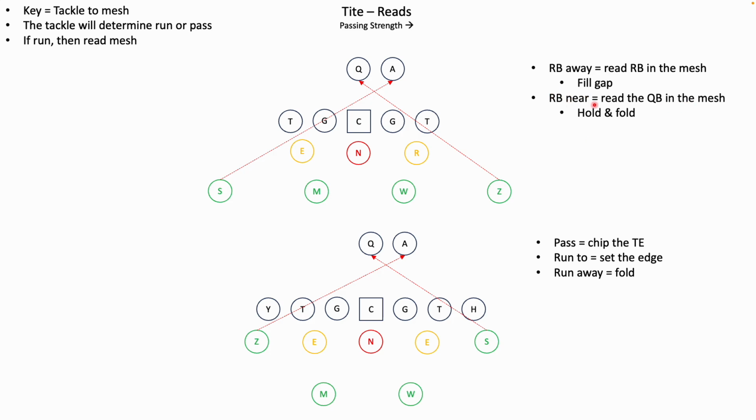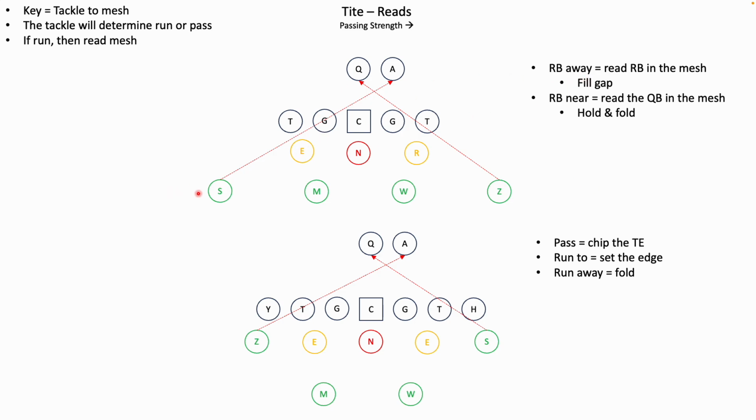If the running back is near and the quarterback pulls it and tries to run, now you can trigger and fill your gap and go make the tackle. If the quarterback pulls it and tries to throw, you just want to read the shoulders and the eyes of the quarterback, and you're in pretty good position to try and make an interception or at least to defend the pass.